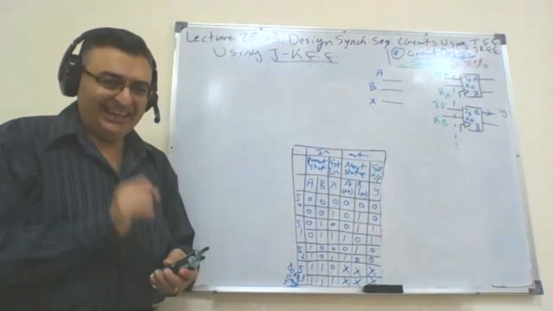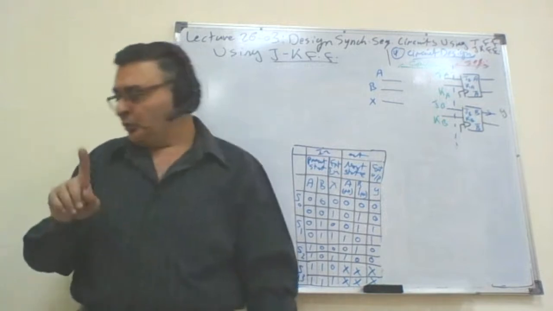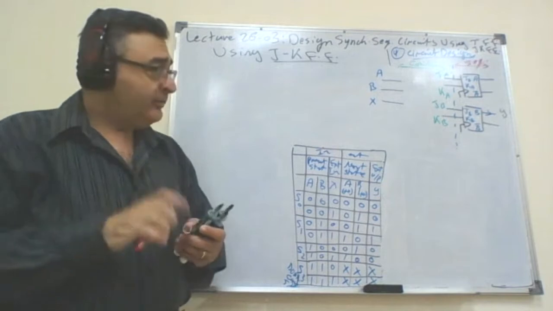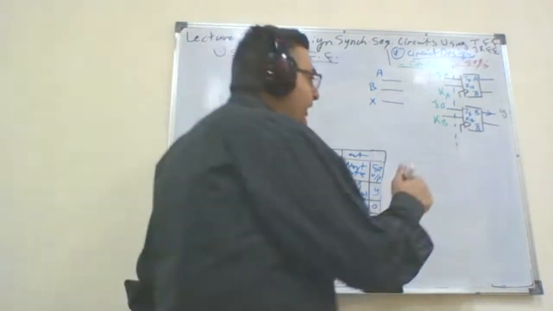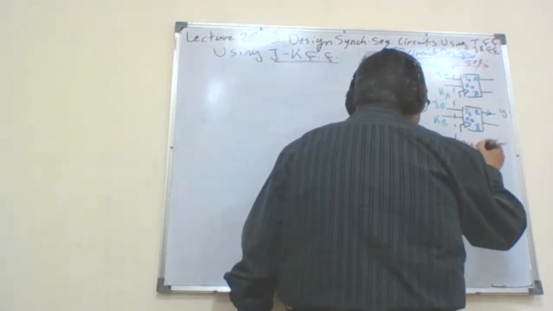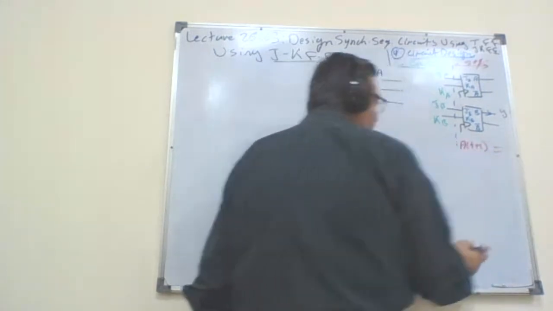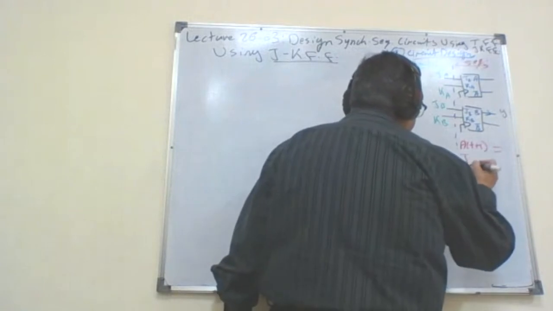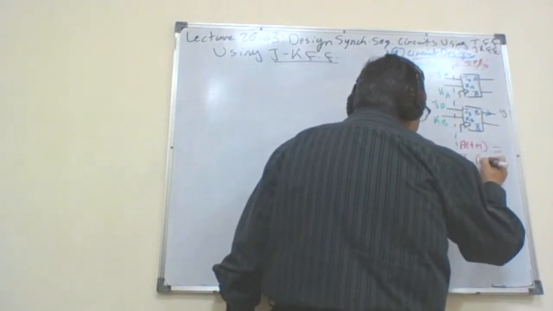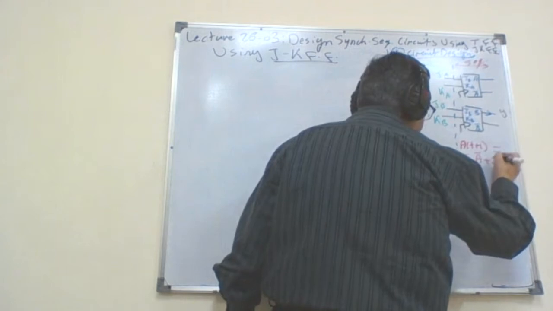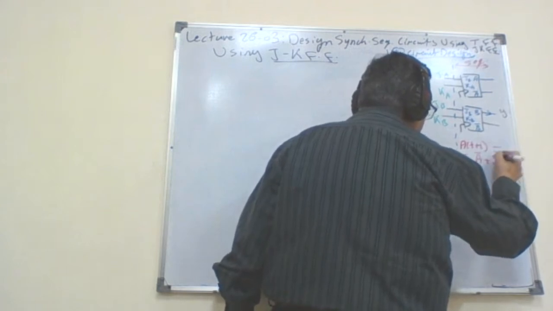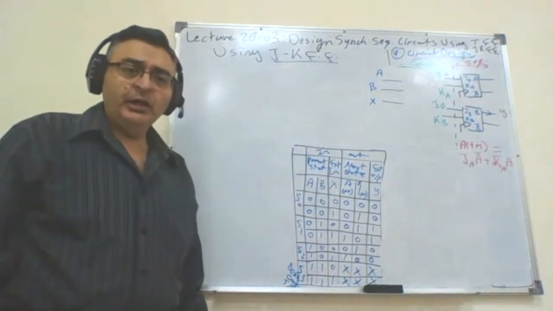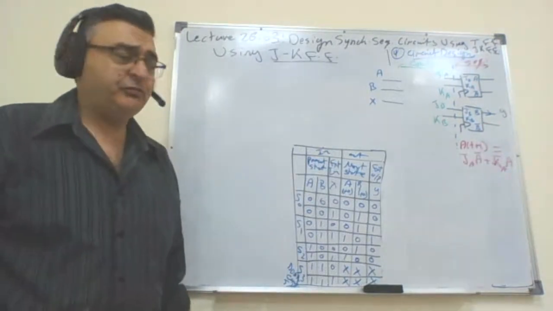Designing the flip-flops indicates to me a new set of characteristic equations. Right now, I have A of t plus 1 equals the equation for the JK. Equation for JK means JA A bar or KA bar A. This is the new characteristic equation for the first flip-flop.